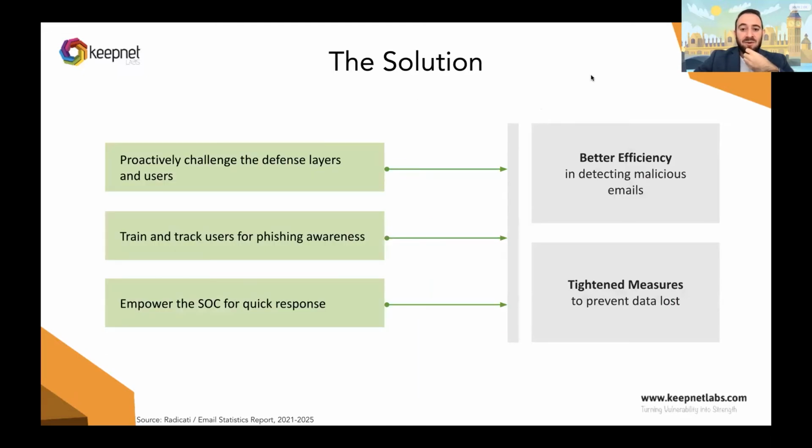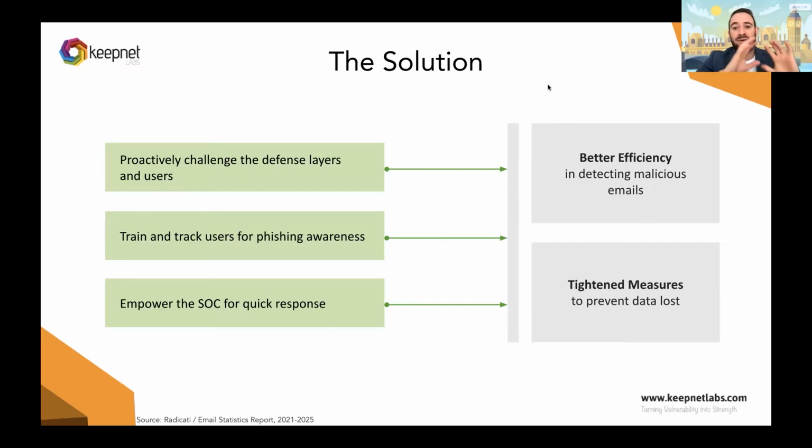So that's why we focused on this solution, to have better efficiency in detecting malicious emails. And in order to do that, we proactively challenge the defense layers and users to improve their detection, analyzing, and response capability. We train and track users' behavior for phishing awareness.